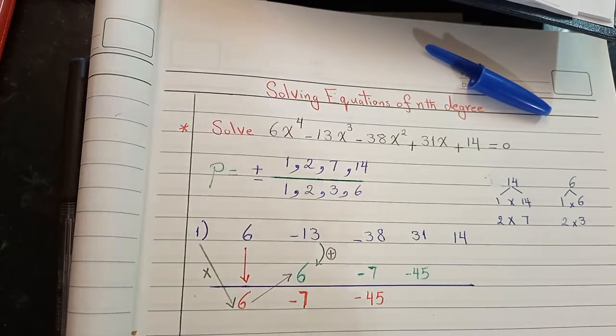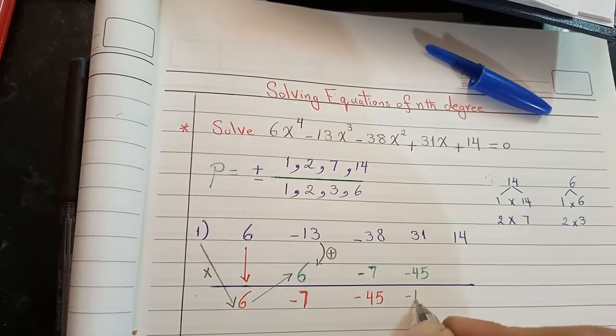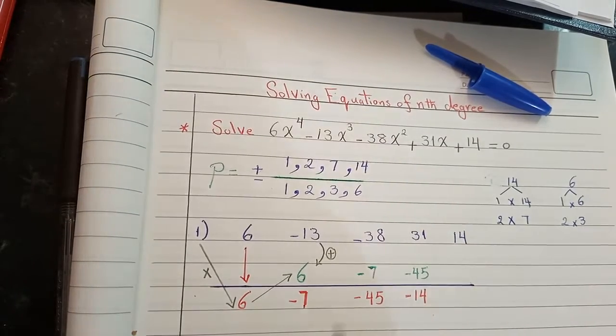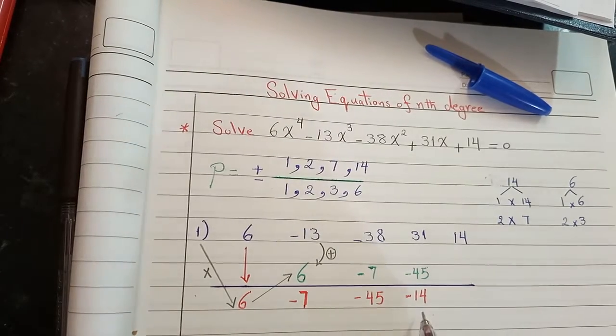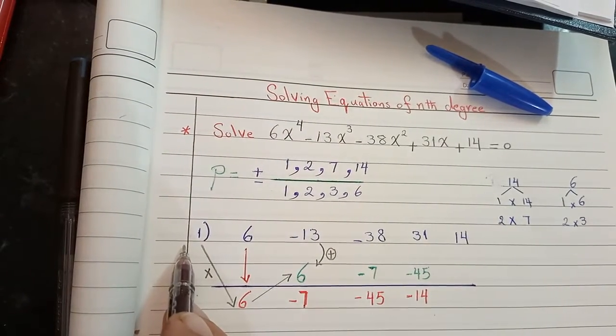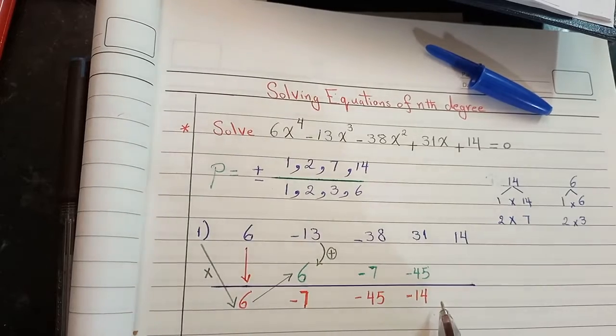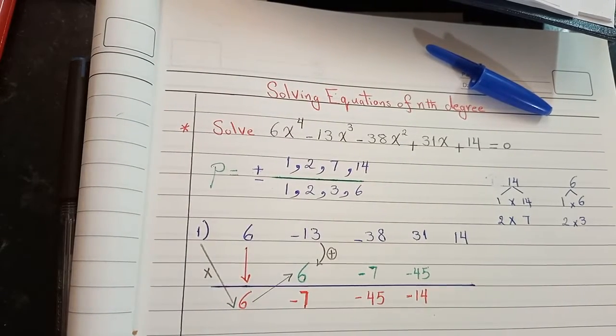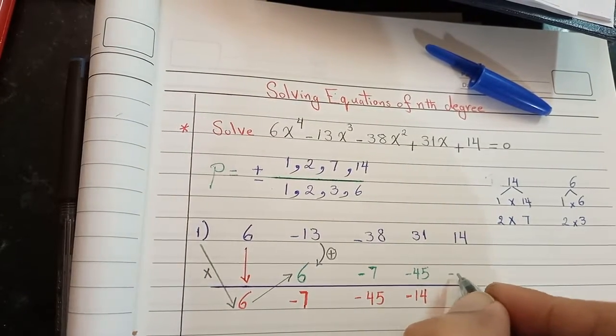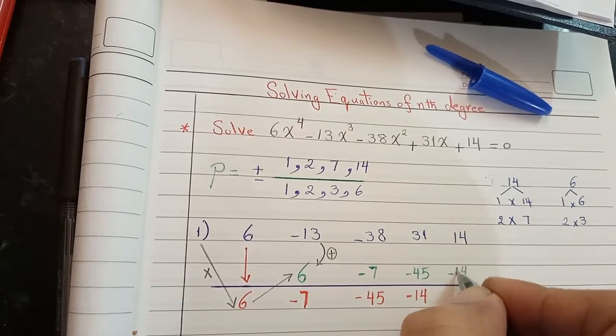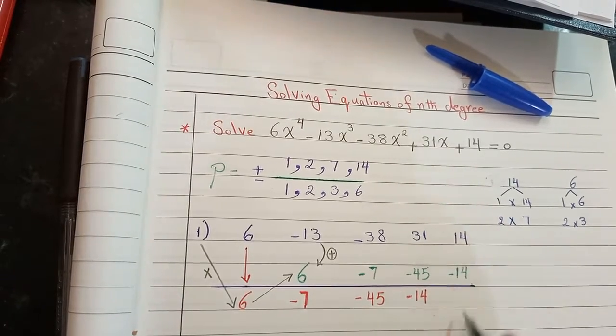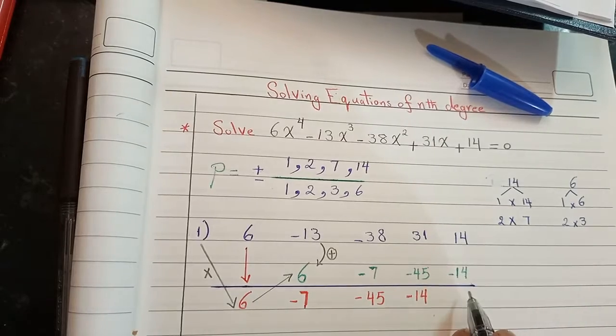We are going to write that down here. After you get the answer on the bottom here, you times that answer by the number you're trying again. 1 times negative 14 is negative 14. We write that here, and then we add up plus down. 14 plus negative 14 equals 0.